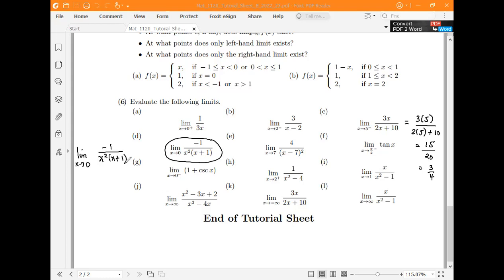So here, we can substitute 0 there. So we need to study this in 2 ways. The limit as x approaches 0 from the left of this.